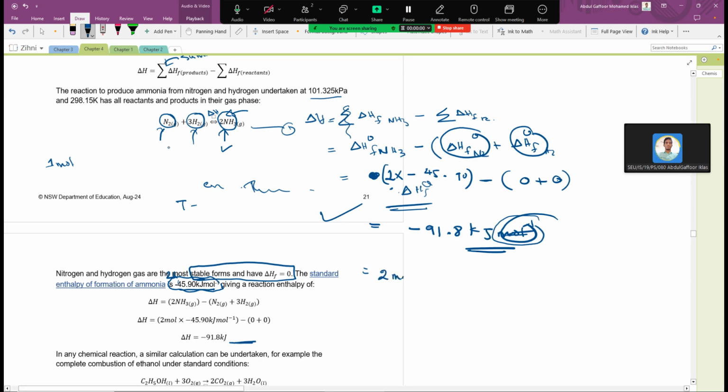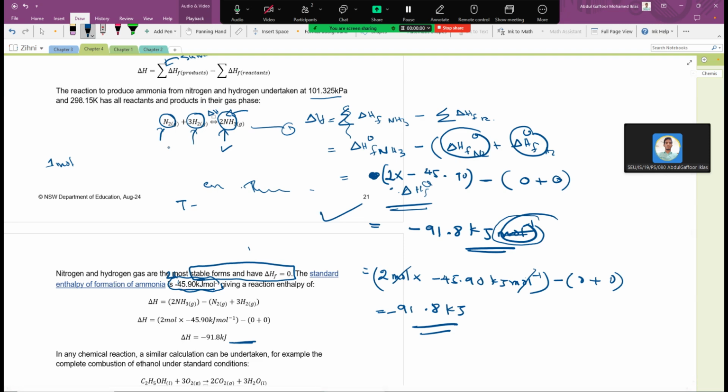So 2 mole, because we have 2 mole, into minus 45.90 kilojoule mole minus 1, minus 0 plus 0. Now this mole minus 1 and this mole will go, so the answer would be minus 91.8 kilojoule, right?